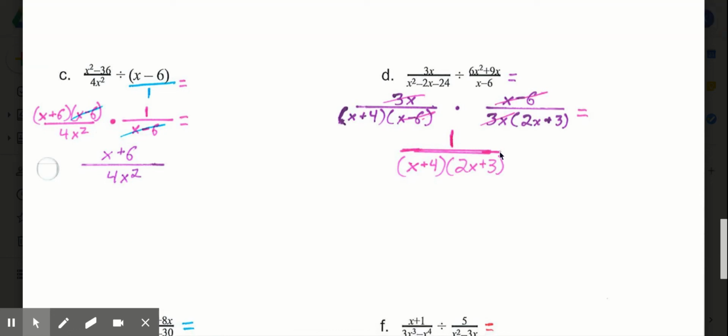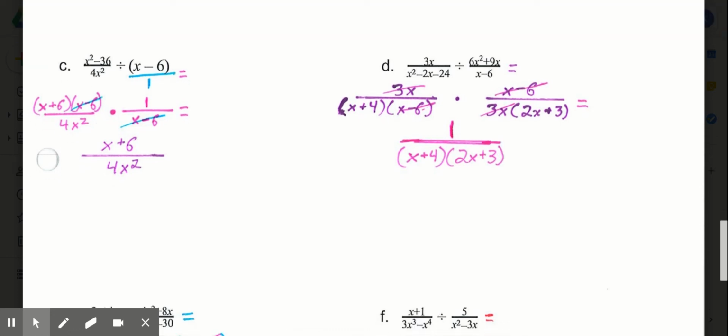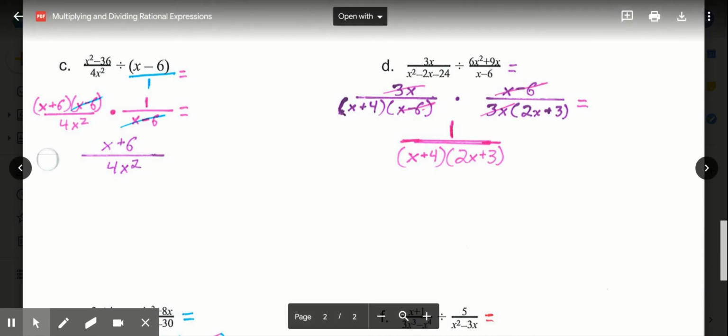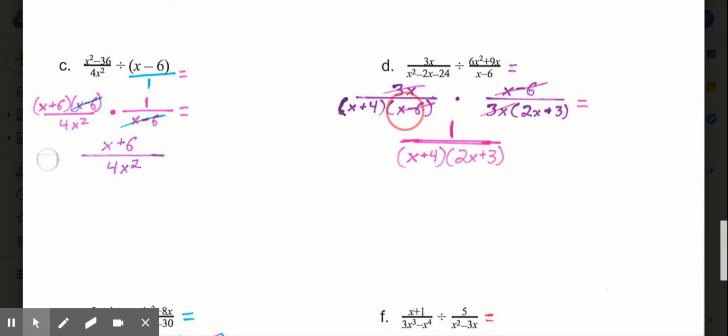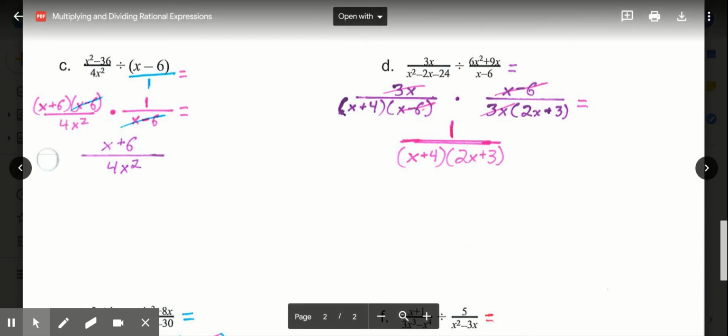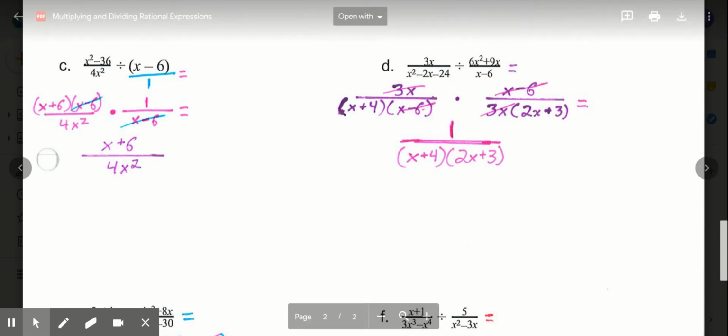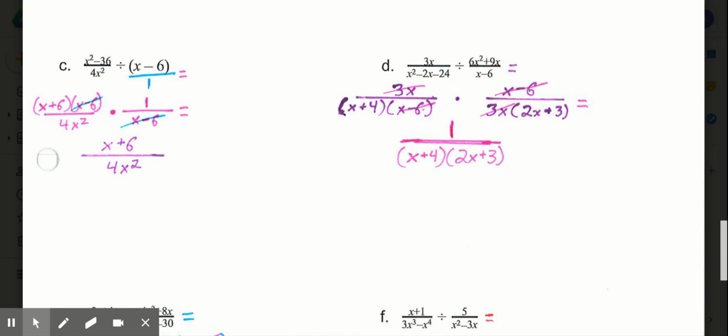Now in D, we have 3x over x squared minus 2x minus 24. So if I just factor that part, on bottom, we have x plus 4 times x minus 6. Now on the right, we need to flip that and change it to multiplication. So the x minus 6 comes to the top.